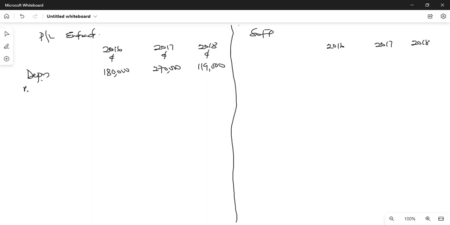Remember, they did a maintenance contract, which was 60,000 for the 3 years, splitting it equally. You now have additional expenses that are showing up in your P&L. Let's keep them in bracket. You have your 20,000, 20,000, and 20,000.